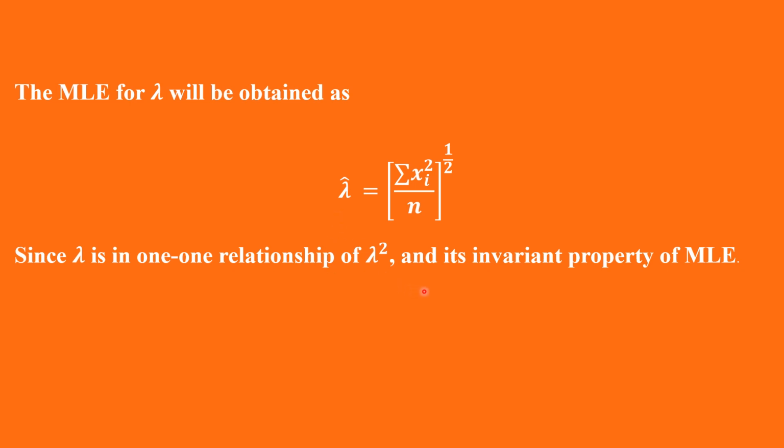This is the invariance property. So the MLE for lambda will be summation xi square over n raised to the power 1 over 2. Hence we have found the MLE for both: for lambda square, summation xi square over n, and for lambda, it is summation xi square over n whole square root, using the one-to-one relationship between lambda and lambda square.